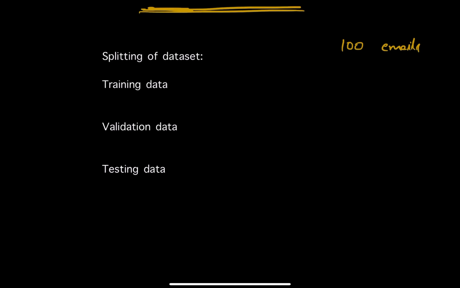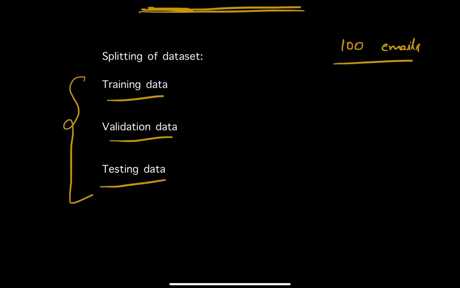Now I have to train a machine learning model on these emails such that it should predict whether an email is spam or not spam if I give any new input. Then first what should we do? We have to divide or split this data set into training data, validation data and testing data. These are three important points or insights in machine learning.